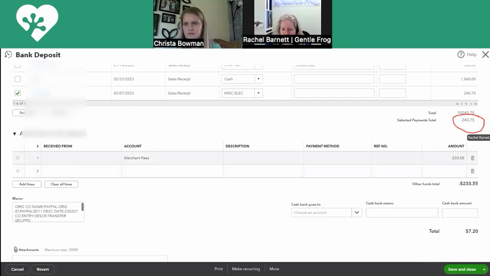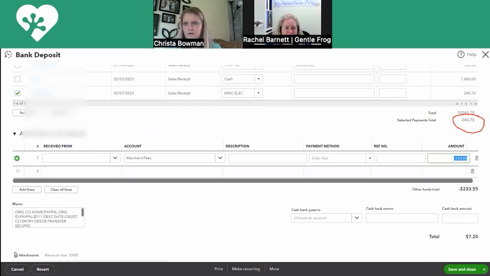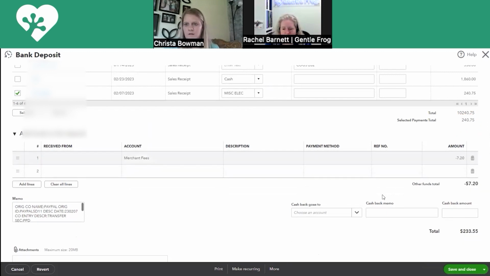Because you're minusing, you're going to minus 240.75. And then you'll click with your mouse anywhere else on your screen. Now, I did not know you could enter that in QuickBooks. Nobody does. Like you show your clients this, they're going to think you're like a total rock star.